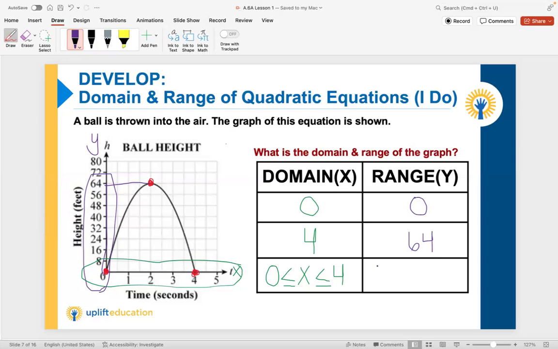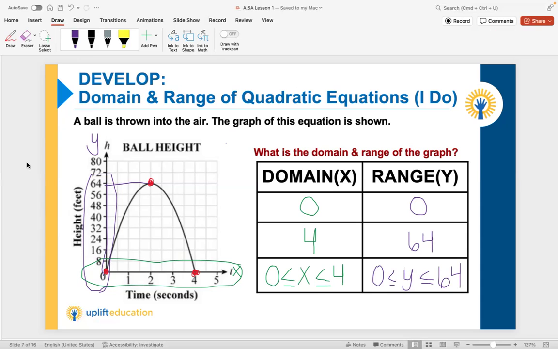So if I was to write the range, it would be the exact same thing. We're going to start at 0. The highest it got, or the maximum height, was at 64 feet. And because now we're talking about the range, we're going to have a y in the center. And this is going to be less than or equal to, and this will be less than or equal to, because it's always continuous. Okay? It will never go higher than 64, and it'll never go lower than 0. If it went lower than 0, then we would talk about underground. And we're not throwing the ball into a hole.